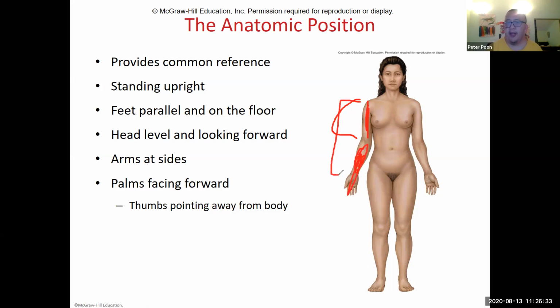This whole thing is not your arm. Arm, forearm. This is not your leg. This is your leg, this is your thigh, and this is the knee. So outside of anatomy lab and anatomy lecture, there are words and phrases that we can't use the same way.